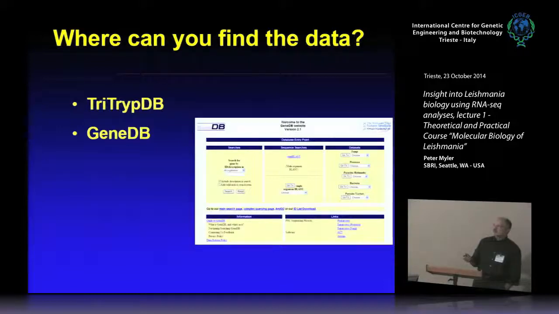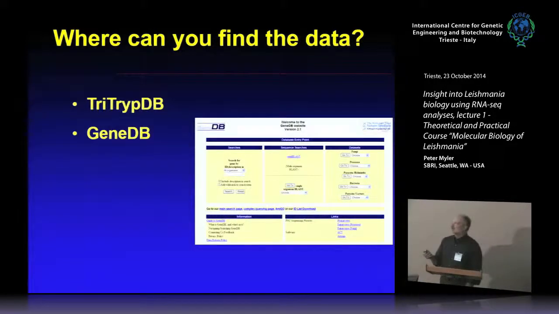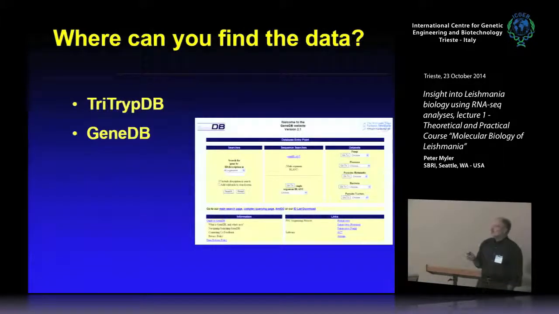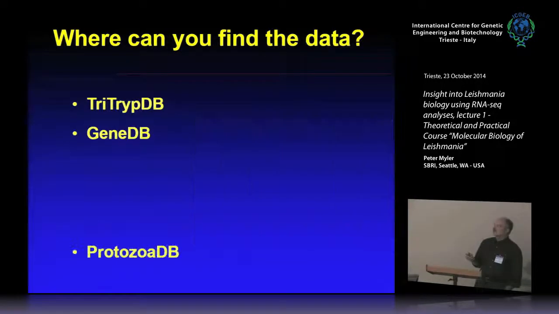The sequence data goes to GeneDB and is curated there, and then periodically that gets updated to TriTrypDB. You'll notice in GeneDB that there will be cases where it'll say that there have been changes in this gene that are in GeneDB that aren't in TriTrypDB at that time.